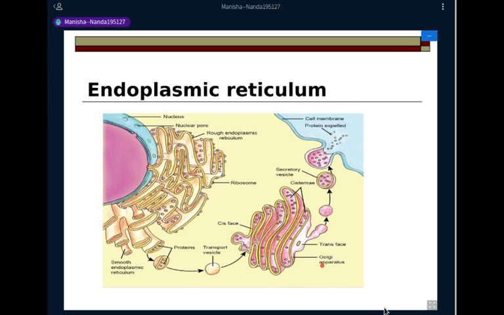We've seen that the best example would be the membrane proteins. We have seen the glycocalyx. If you remember the structure of the plasma membrane, the outer face of the plasma membrane is rich in glycoproteins and glycolipids. So this process of addition of carbohydrates to proteins is completed by the ER and Golgi apparatus together.